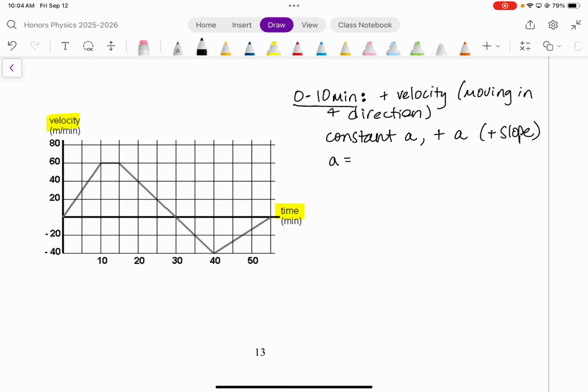So I'm looking from here to here. 60 minus 0 meters per minute divided by 10 minus 0 minutes is going to give me an acceleration of 6 meters per minute squared.